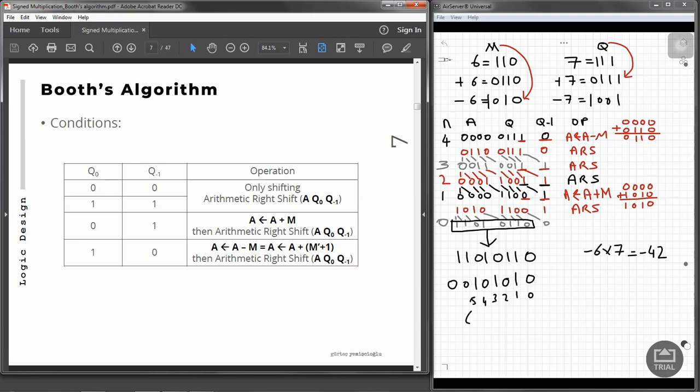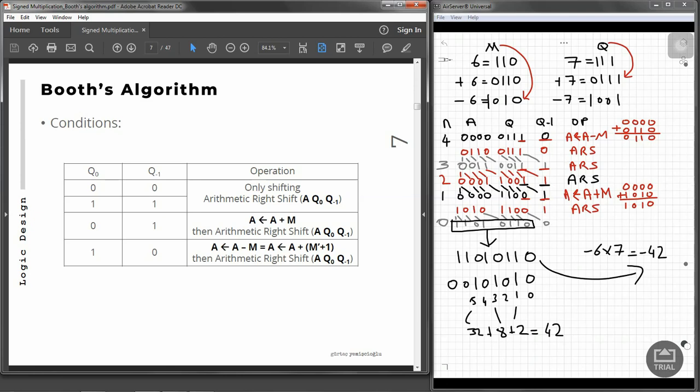This is 32 plus 8 plus 2, which is equivalent to 42. So this means that is equivalent to minus 42, and we perform the operation correctly.